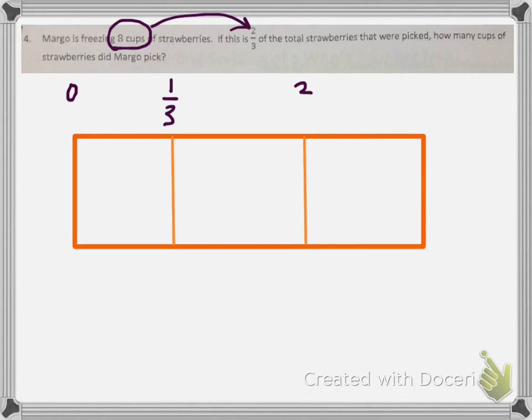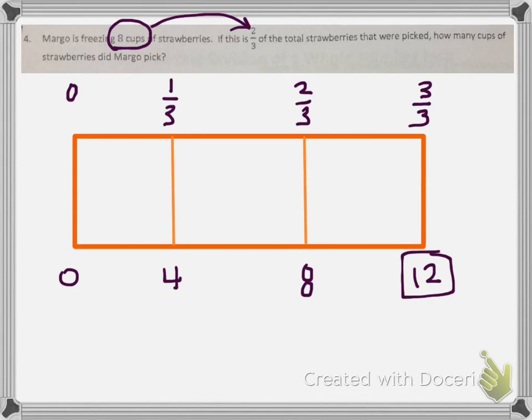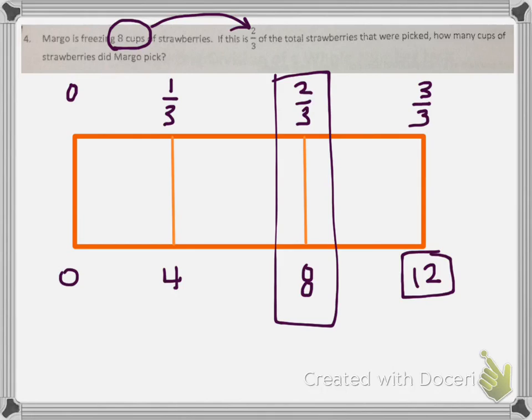And here's 2/3. And then finally the whole thing is 3/3. And I know that 8 cups is 2/3. So this is 8 cups here. And that means that if that's 0, this is 4, and that's 8, and then this answer down here is 12. So 8 cups is 2/3. How many cups of strawberries did Margot pick? The whole thing was 12.